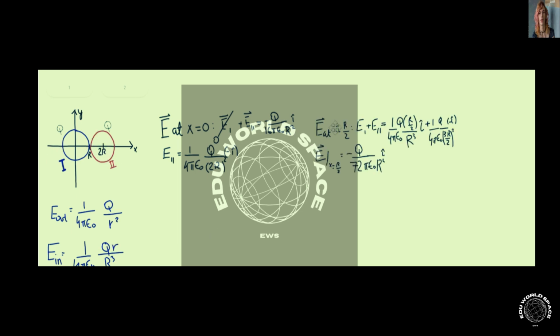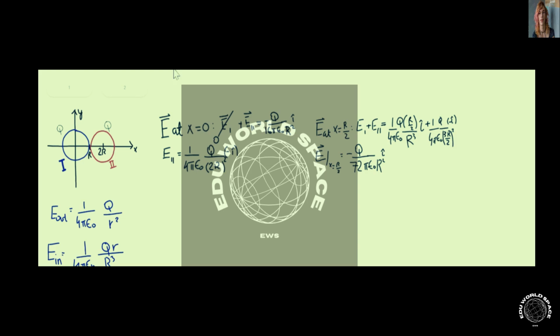So writing that out gives us this, where, like I said, we substituted big R over 2 in this expression for E1, and we substituted 3 times big R over 2 in this expression for E2, where the unit vector is going to be negative because the electric field is going towards the left, and simplifying the expression gives us this final expression for the electric field at x equals R over 2.